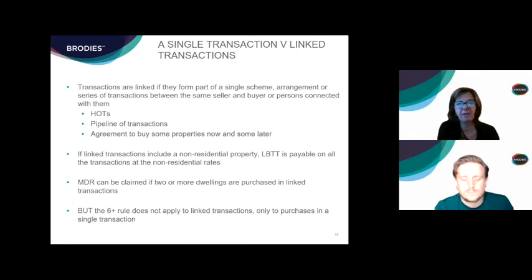So there is quite a difference between single transaction and linked transaction. There are also differences on when things might be substantially performed, because with a single transaction, once you've got sort of 50% of the consideration, that will be substantial performance. Whereas with linked transactions, you have to look at each one on its own merits to decide whether it's been substantially performed or not.